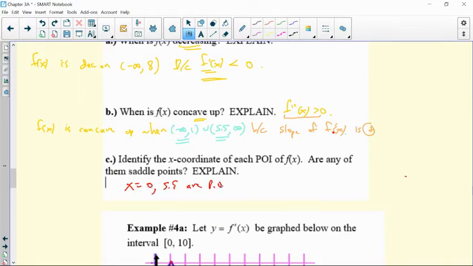They are points of inflection. And I can't just say, oh, the second derivative changes signs, because that's just the blanket general definition. So how do we interpret the second derivative changing signs when you're looking at a first derivative graph?